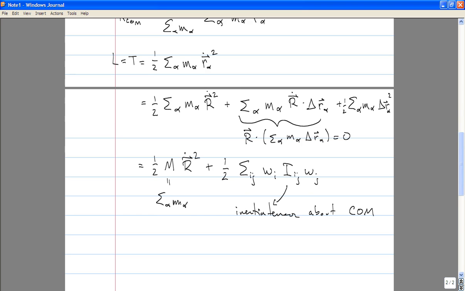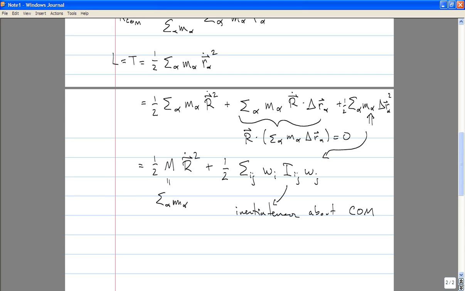So if you remember at the beginning of class yesterday, we asked what the kinetic energy of a rotating object was. And so we computed this expression up here, and we showed that it could be written in terms of something quadratic in the angular velocities, whose coefficients were this inertia tensor I_ij.